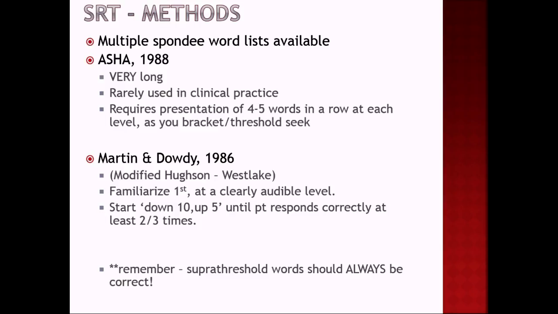So if they get 3 words out of 4, then you drop it down and make it harder. But if they miss all the words, it's the lowest level at which they miss all of the words. And then there's another way of scoring it where you count up how many words they got right, and then you minus 2 or something. It takes a very long time.